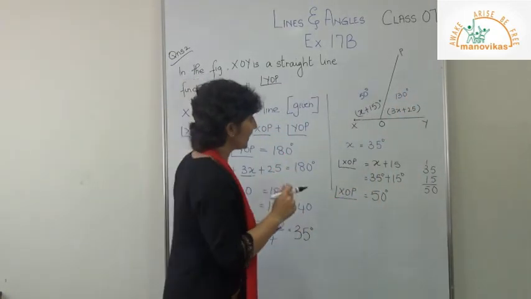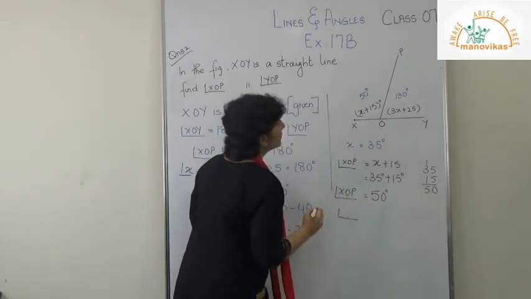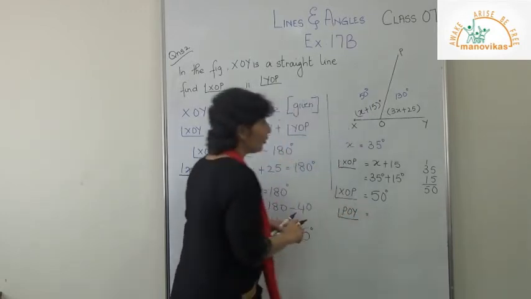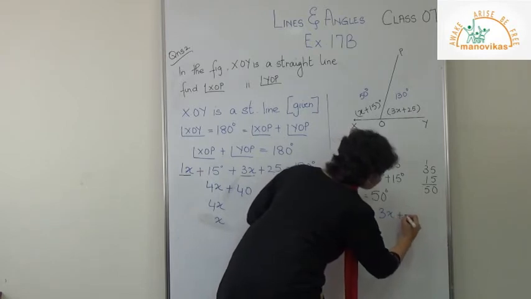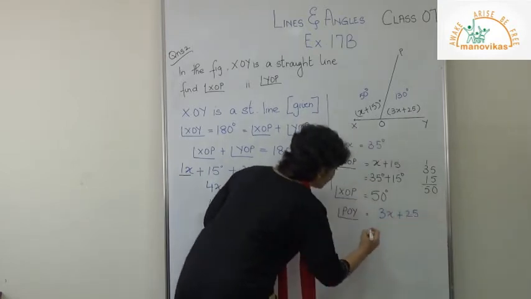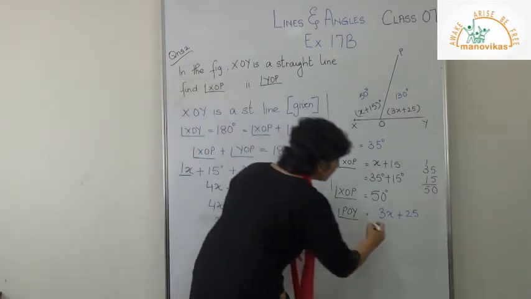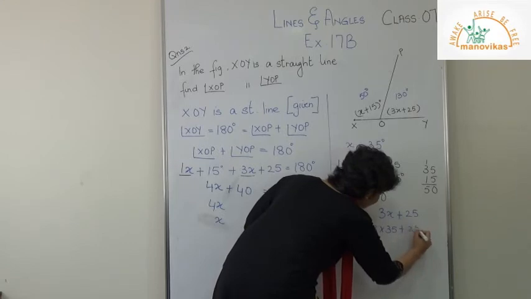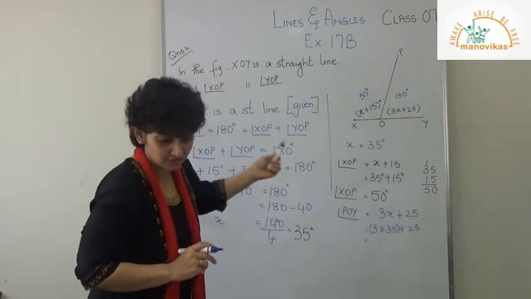Or you have got it as angle POY. Right? Angle POY is equal to 3x plus 25. So what are you going to do? 3x means 3 into 35 plus 25. Have you understood, children?